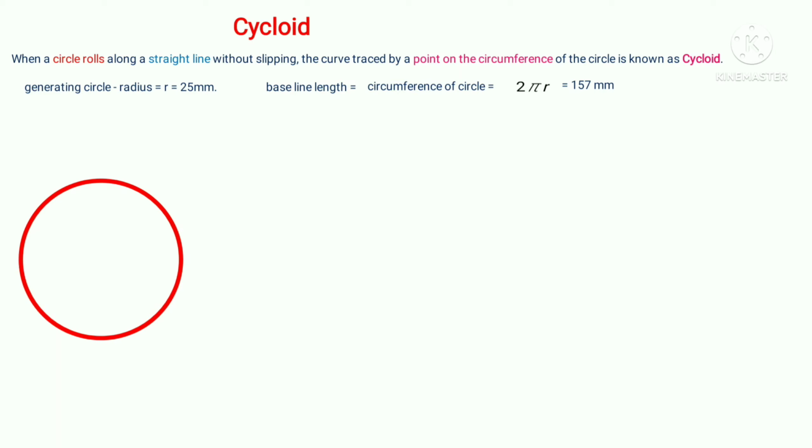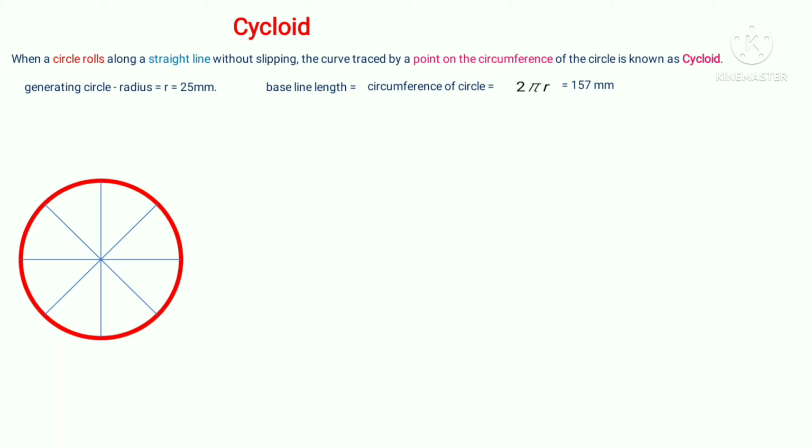So here a vertical line is drawn through the center of the circle, and then a horizontal line is drawn using the drafter. And from the center of the circle at 45 degrees, two more lines are drawn. Now we see that the generating circle has been divided into 8 equal parts.